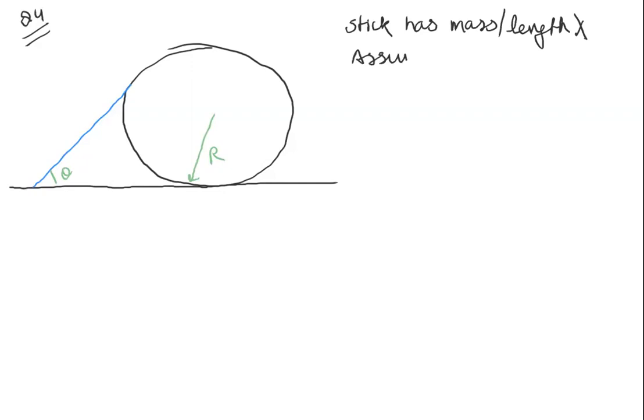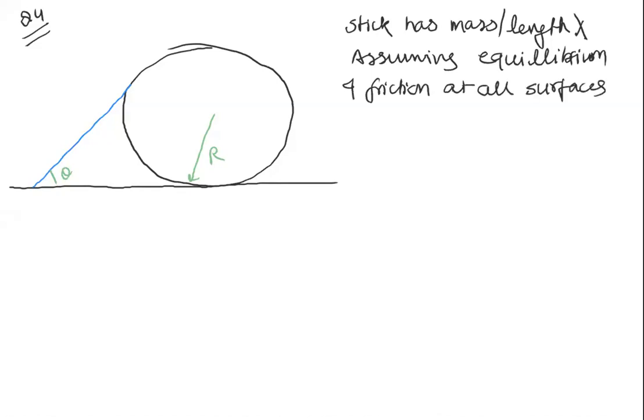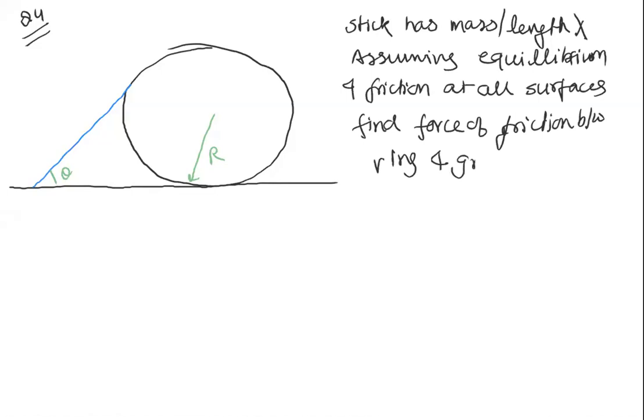So assuming equilibrium and friction at all surfaces, find the force of friction between the ring and the ground. Okay, remember that this guy is tangential to the ring.